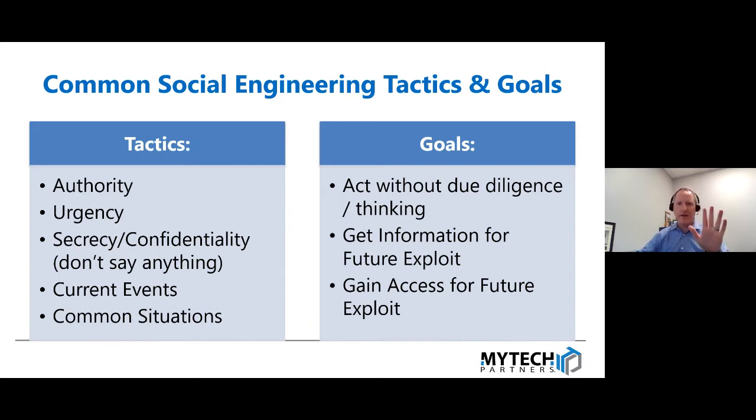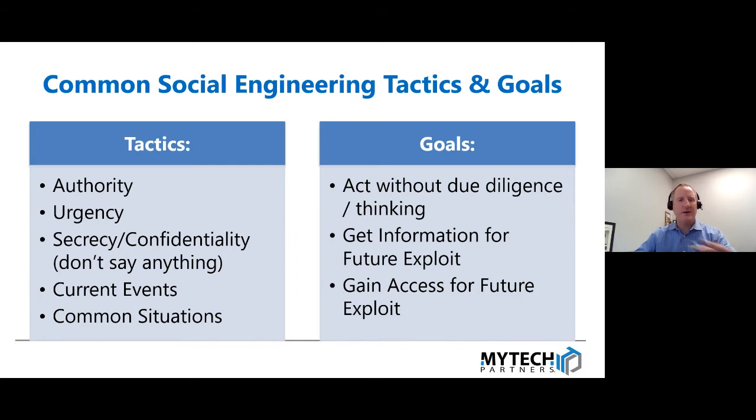Again, those get deployed across all of the different types of attacks, whether it be phishing, smishing, baiting, all the above. All these tactics get used in combination in order to elicit information from you.